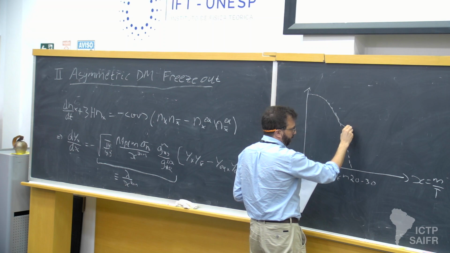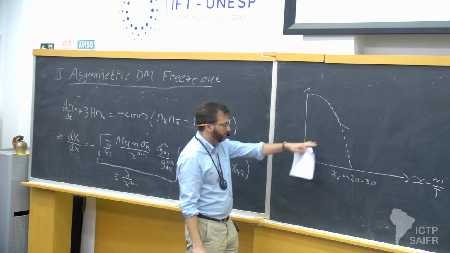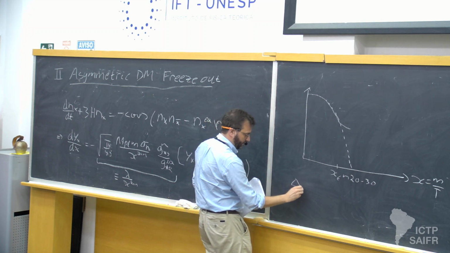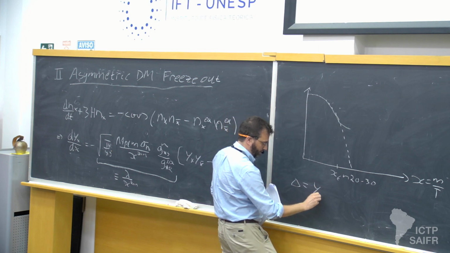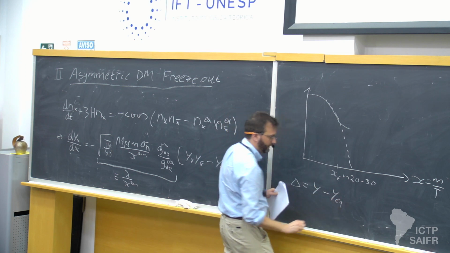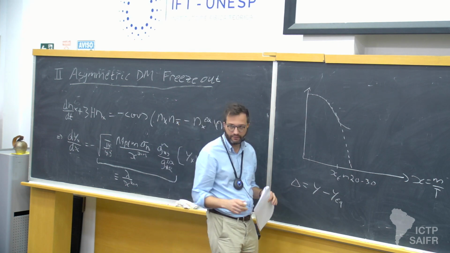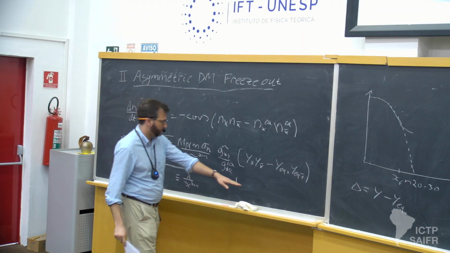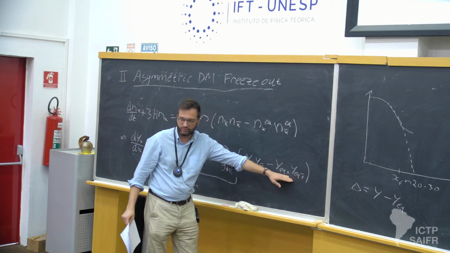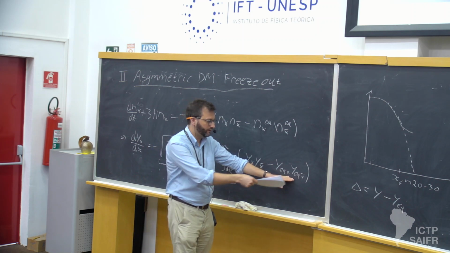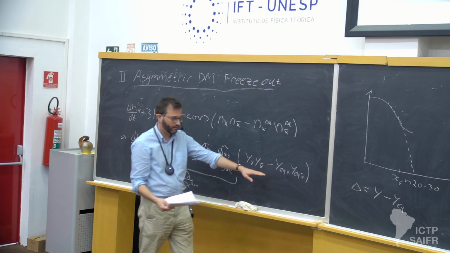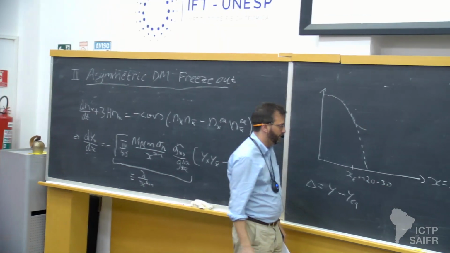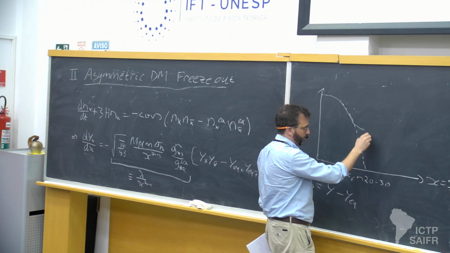And then we found, by taking our value for the departure from thermal equilibrium, this parameter delta, y minus y equilibrium, at freeze-out, we argued that after this point the second term in the Boltzmann equation, which we'd rewritten in terms of this delta, was not important. And then after that, we could just analytically integrate from this freeze-out point to infinity.